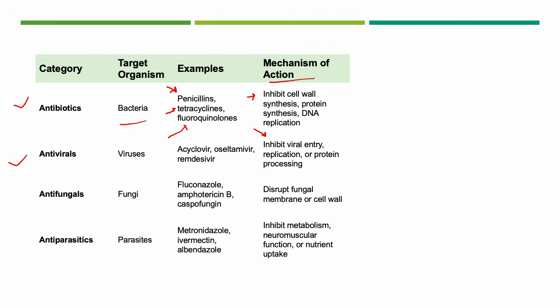Then we have antivirals that block viral genome replication, like acyclovir for herpes or remdesivir for COVID-19. We have antivirals that prevent viral protein processing, like protease inhibitors for HIV or for hepatitis C. We have antivirals that stimulate our immune system, like interferons for hepatitis B and C.